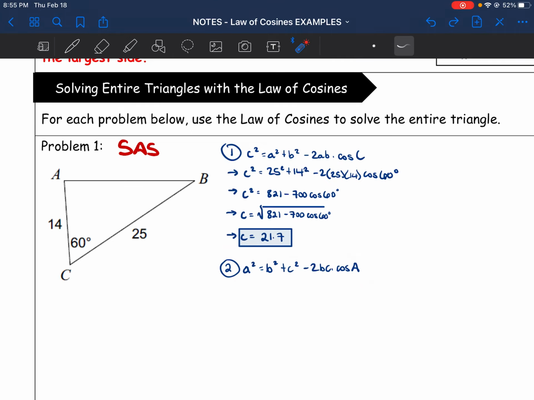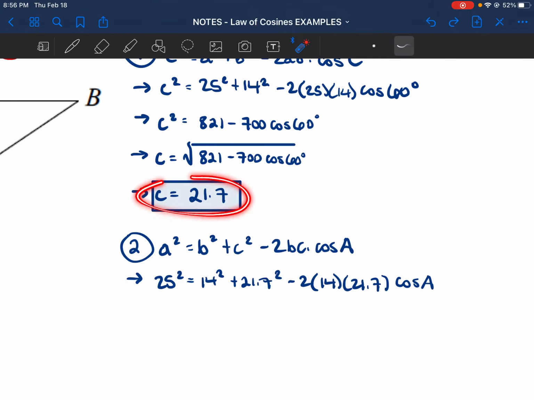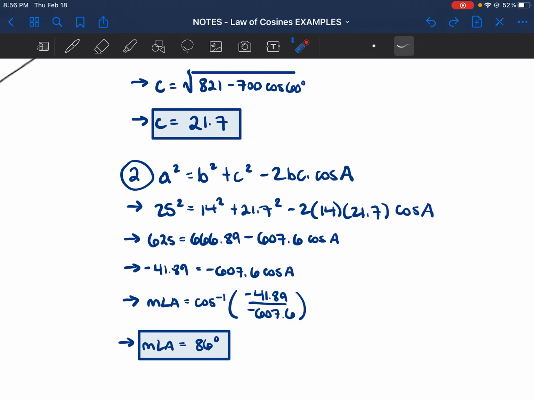And I'm using this equation because since I'm looking for angle A, I pick the equation that has angle A in it. Once again, let's start plugging in some pieces. Plug in 25 for a, 14 for b, and 21.7 for c, which is what we just found. Simplify. And go ahead and solve for A. And we get that the measure of angle A is 86 degrees.